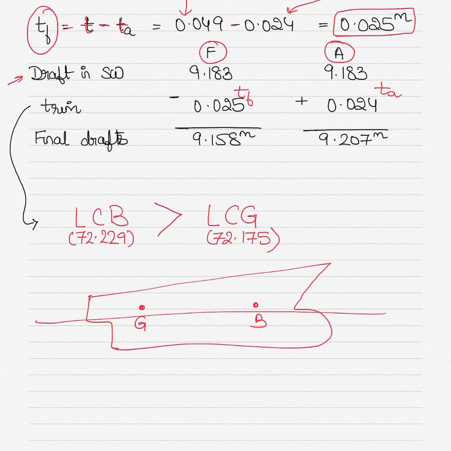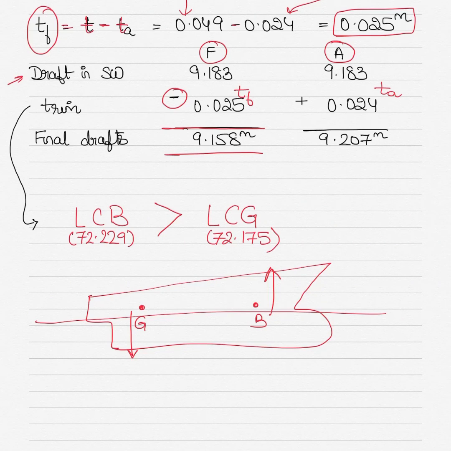So when G is aft of B, that means the center of buoyancy is forward, so your forward draft will be lesser than the aft draft, because center of gravity acts downwards and the buoyancy acts upwards. The vessel will be lifted forward and sunk in the aft. That is why for the forward correction, because the draft is reducing, you will subtract it and you will get the final forward draft.